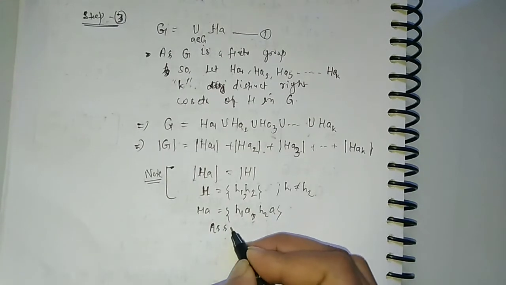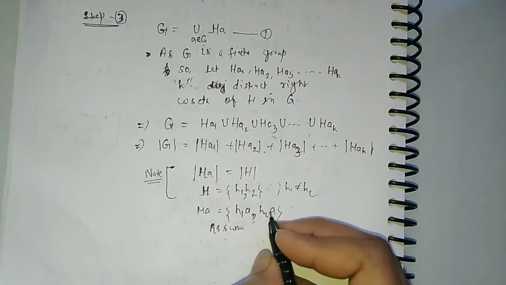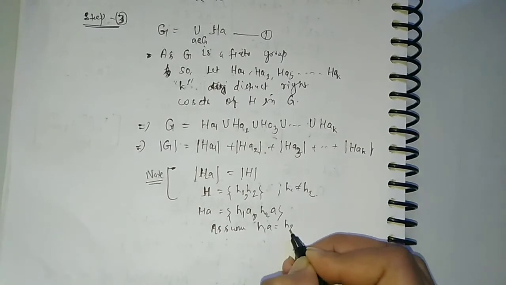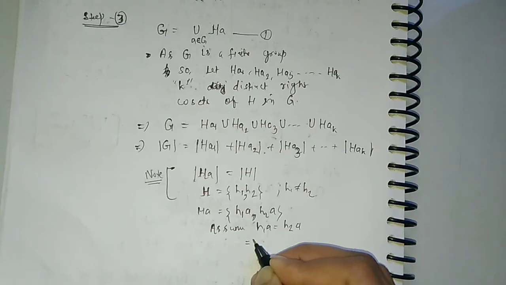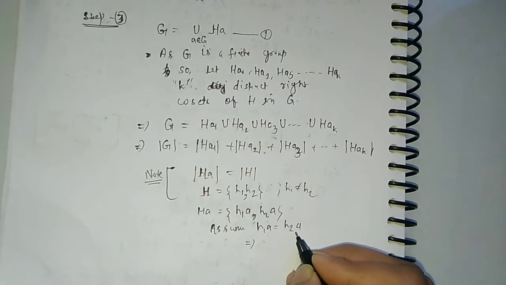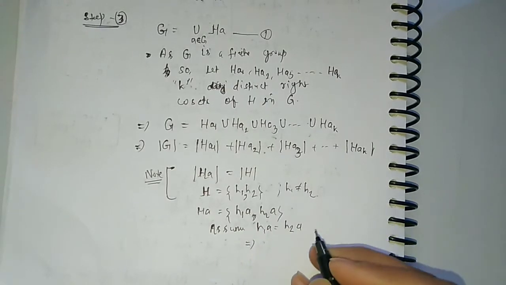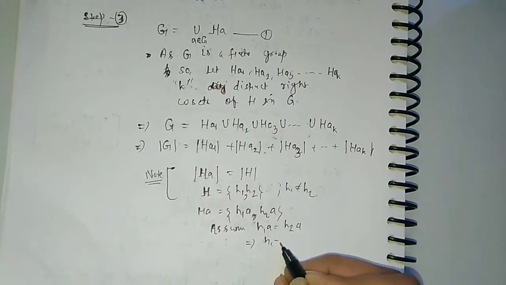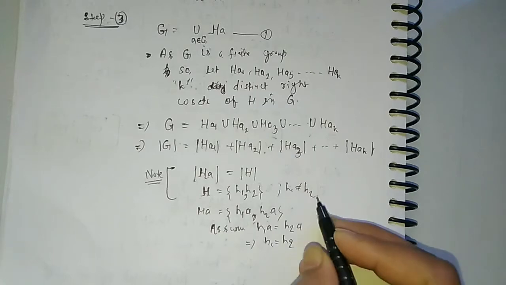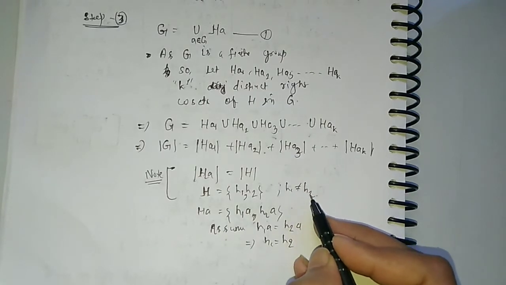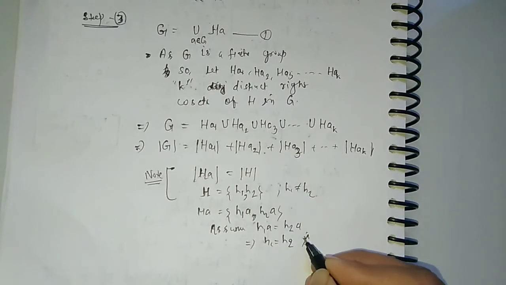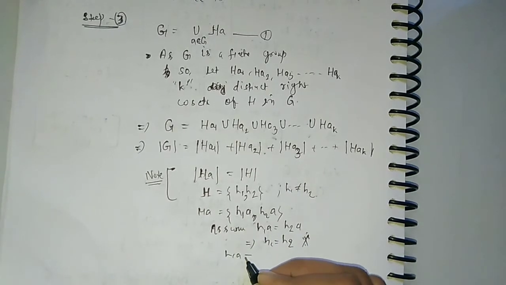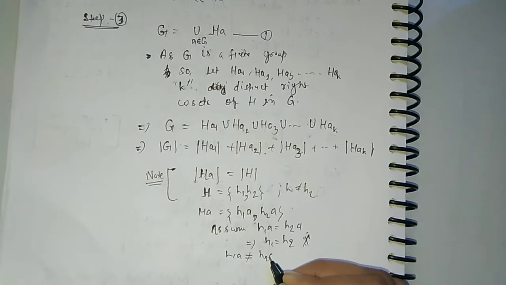Now assume that H1A is equal to H2A. We know that H1A and H2A are two elements from the group G, and applying the right cancellation law here, we get H1 is equal to H2. But we have assumed that H1 and H2 are distinct, so this is a contradiction. So H1A can't be equal to H2A.